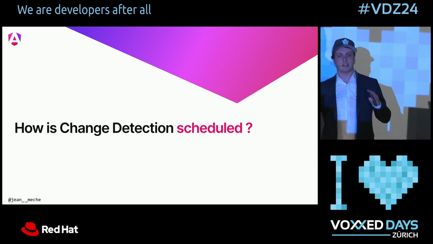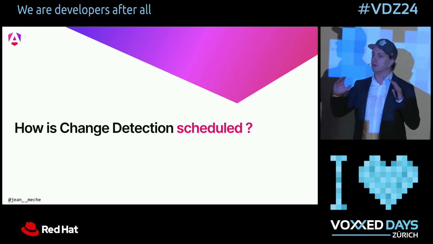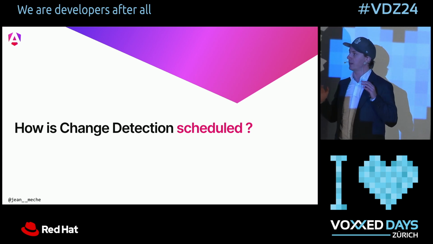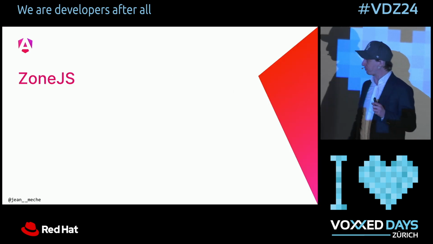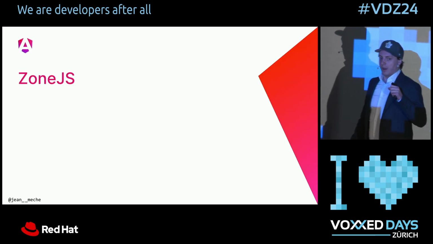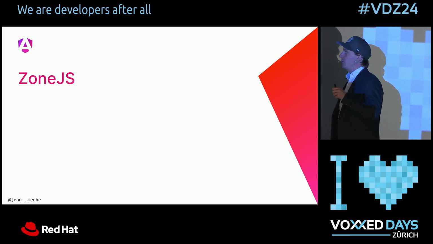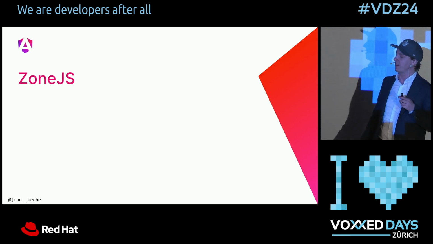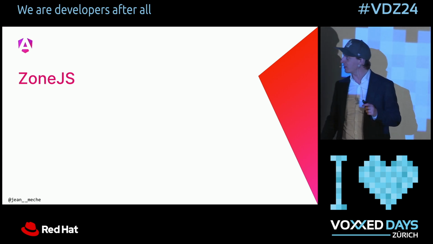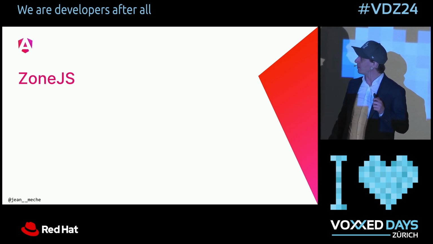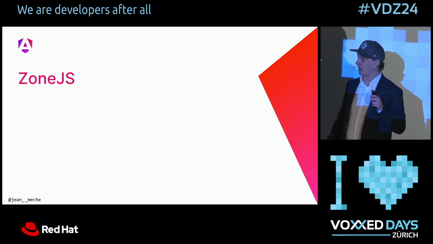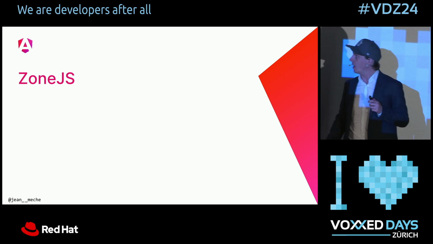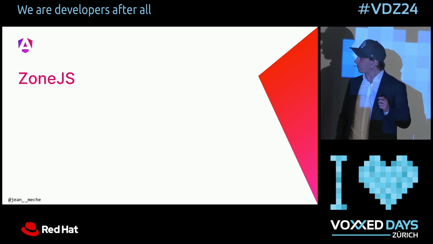So the question is, how is it actually scheduled? How does the framework determine it needs to get refreshed and update the DOM? The technology behind it is the famous or infamous Zone.js, which allows the framework to know when you need to update the view.